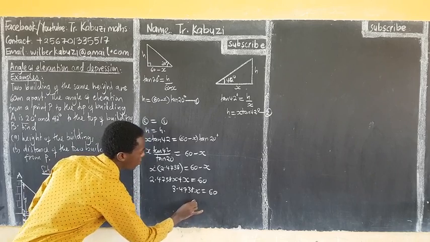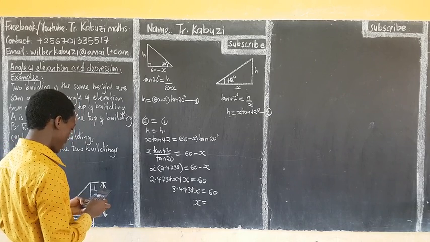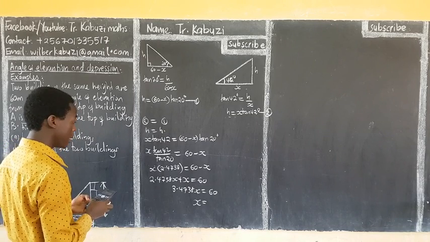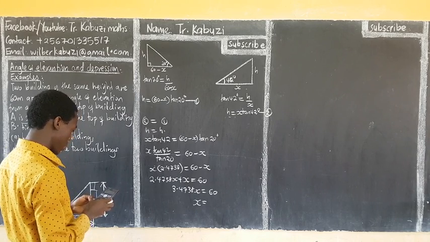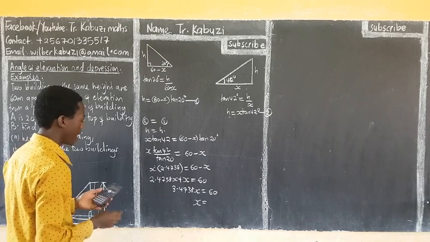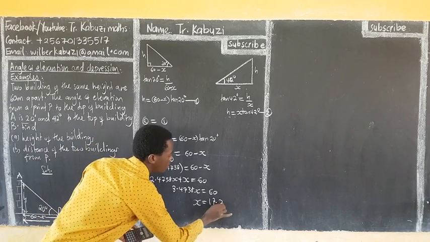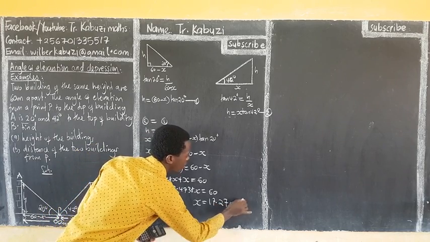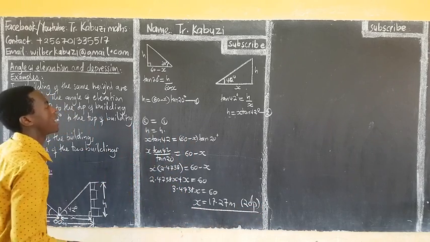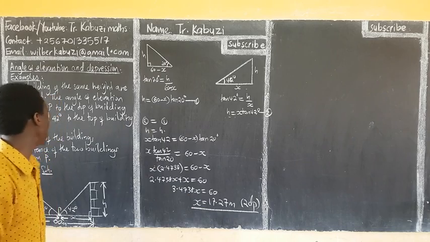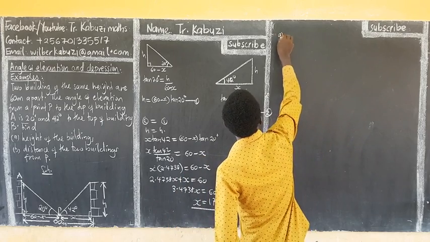If you divide through, our X will be 60 divided by 3.4738, and here I'm getting 17.27 meters, to 2 decimal places. So I have my X, but my question was asking me to first get the height.